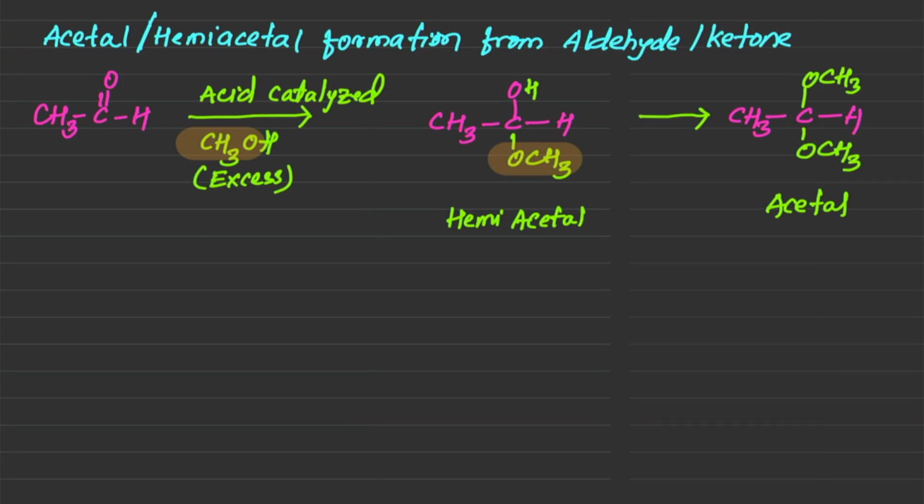Again, you can do the next set of reactions. Usually hemiacetals are not that stable, so the reaction will continue when you have excess alcohol, where it will replace the OH with OCH3. If you notice in this molecule, we have added two alcohols.